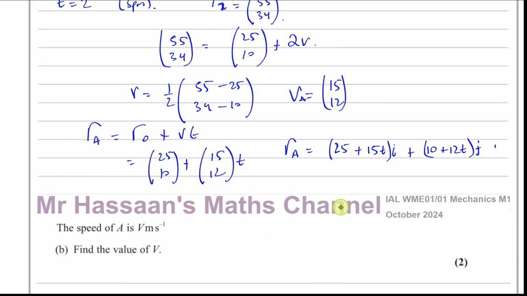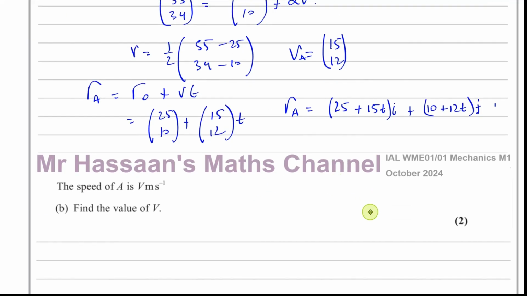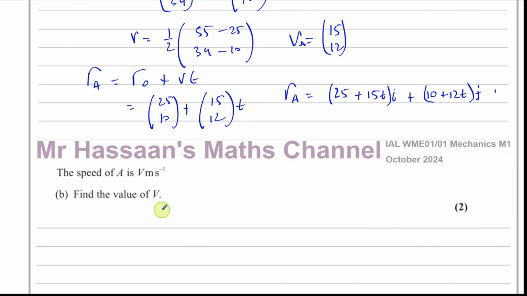Then it says the speed of A is v meters per second. Find the value of v. We know that the velocity of A is given by the vector (15, 12). The magnitude of the velocity of A is equal to its speed.